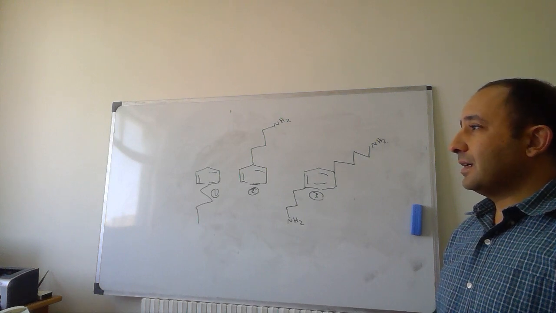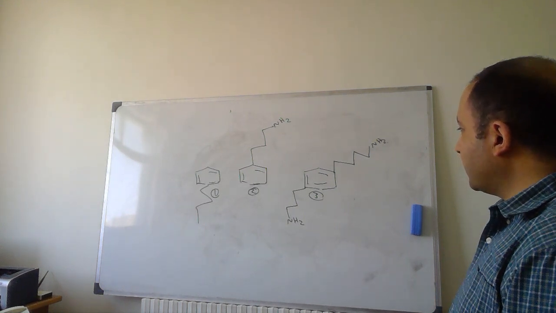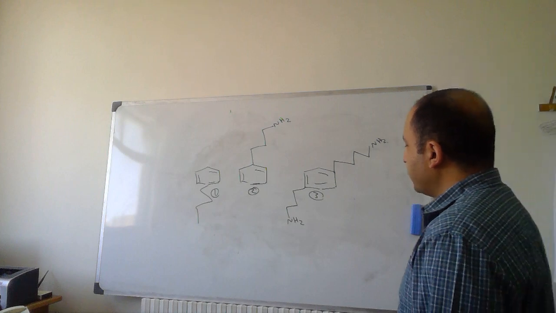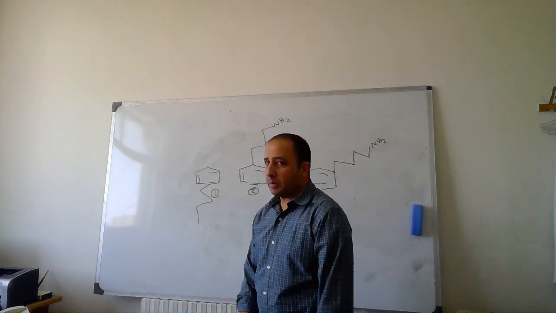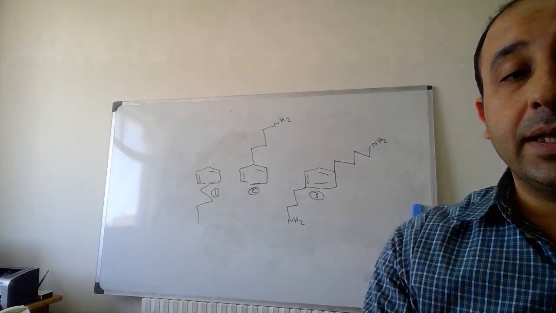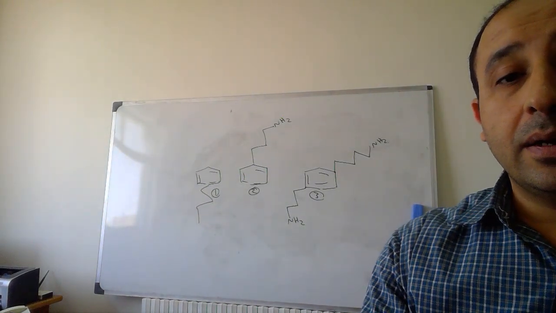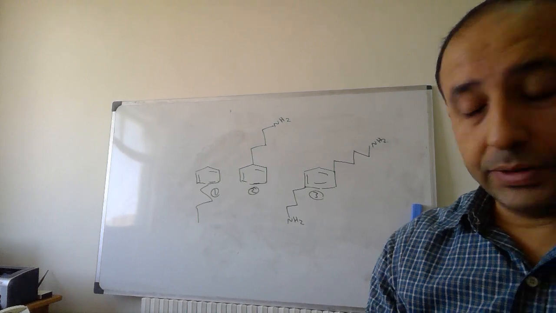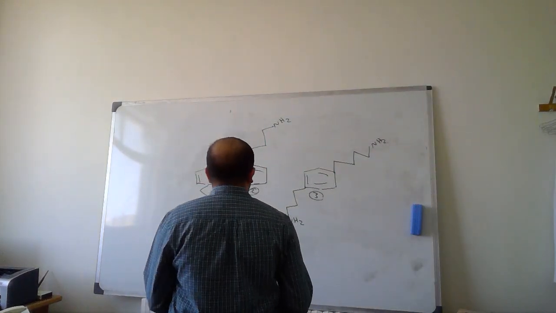Now, size exclusion: there is no big difference, particularly between 1 and 2 in terms of molecular weight, so it is not applicable here. And thirdly, ion exchange. Yes, ion exchange.